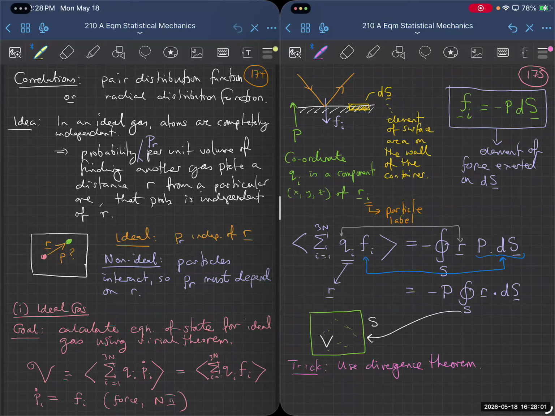The divergence theorem says that the integral over S of r dotted with dS is equal to the integral over the volume V of the divergence of r.